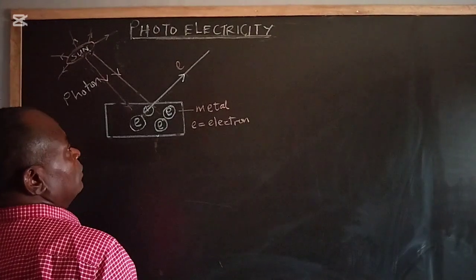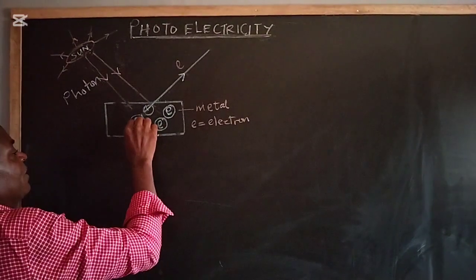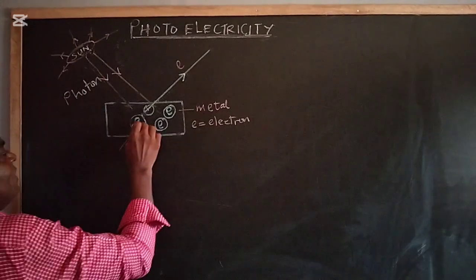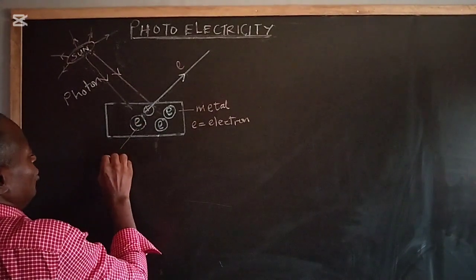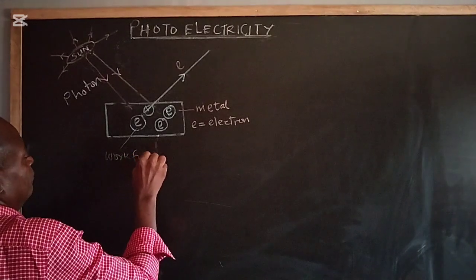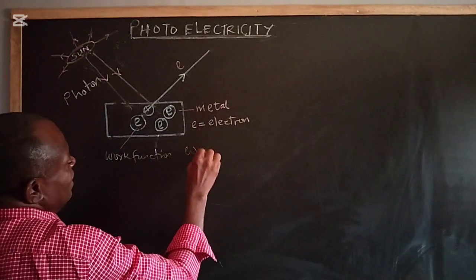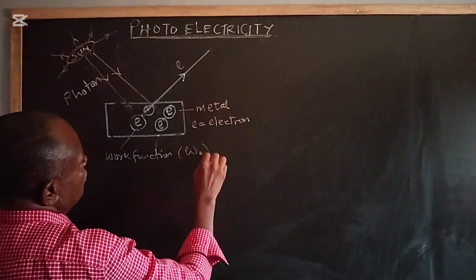and then they go into an empty space. So here, the energy that keeps the electrons here is called work function, represented as phi zero.